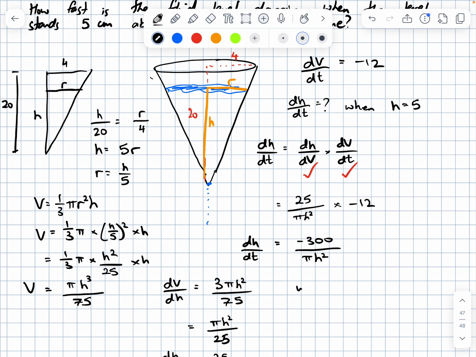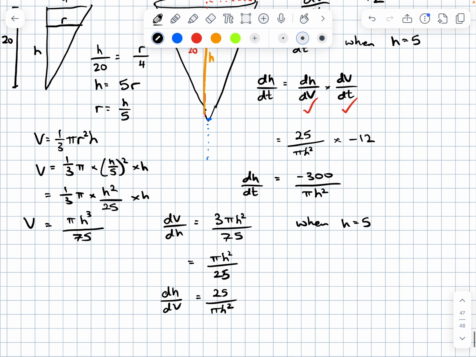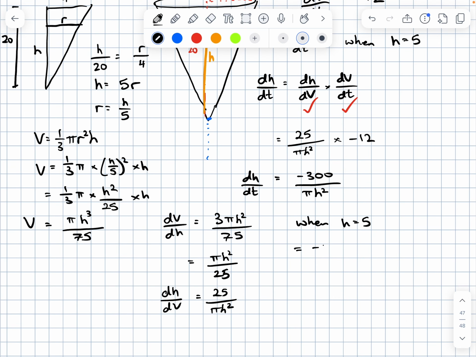Now when h is 5, we've got -300 over pi times 5 squared, which is 25. Giving us -12 over pi centimeters per second.